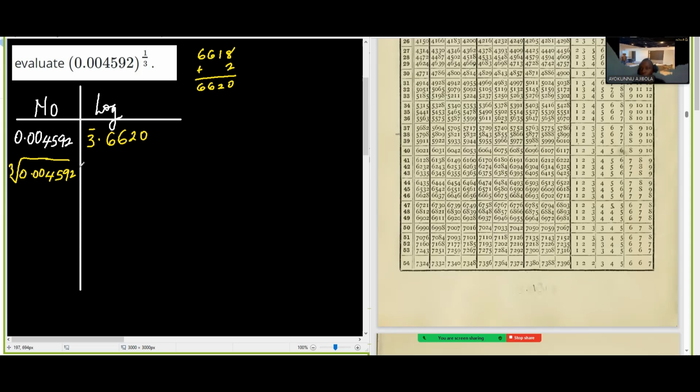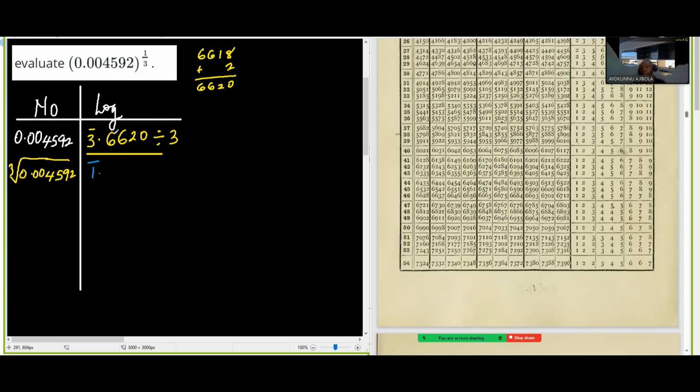Because it's a cube root, we divide by 3; if it's a square root, we divide by 2. Lucky for us in this question, the characteristic bar 3 divided by 3 gives us bar 1, so nothing remains.